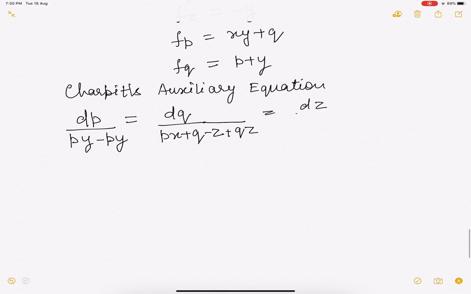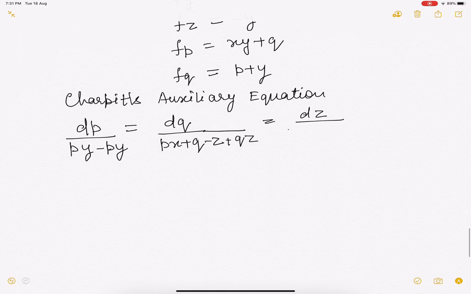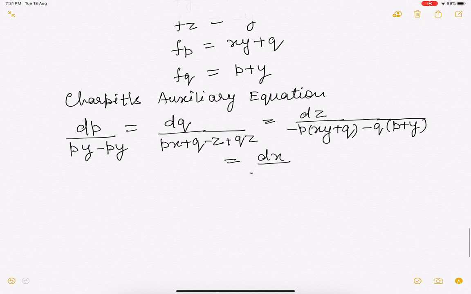Similarly, we'll write dz. dz is minus p fp minus p xy plus q, minus q p plus y, is equal to dx upon minus xy plus q is equal to dy upon minus p plus y.